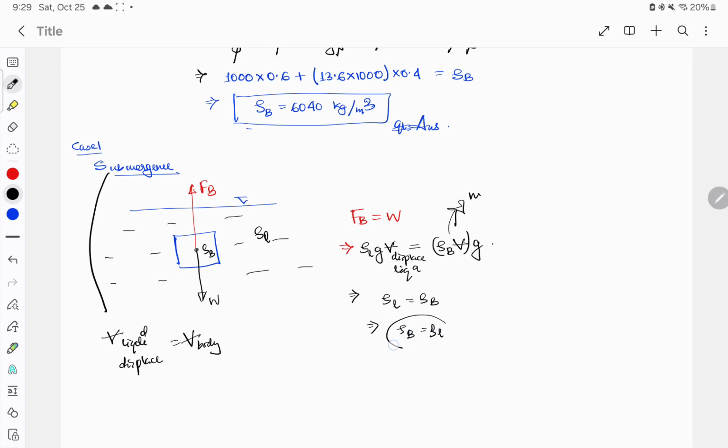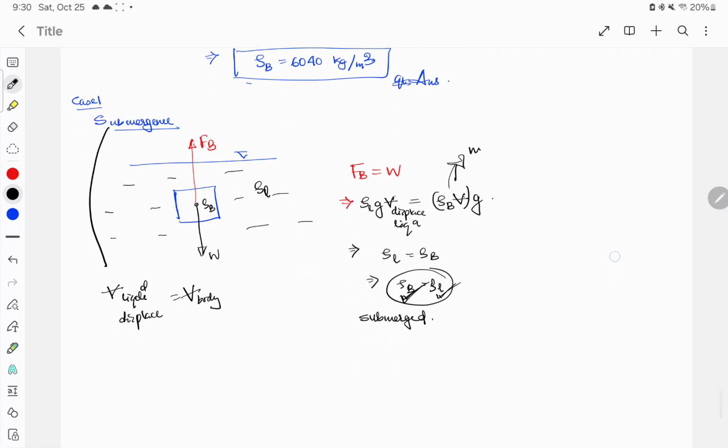So if the volume of liquid displaced equals the volume of the body, and the density of the liquid and the density of the body are equal, then the body will remain submerged. It will not go anywhere, it will just stay put.